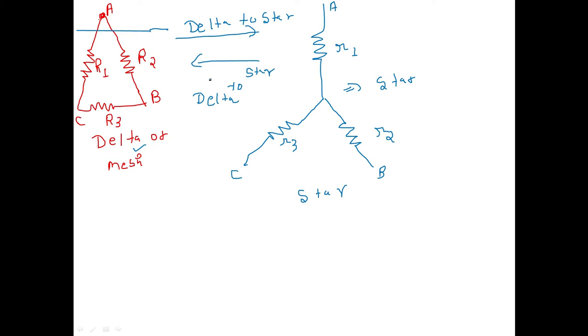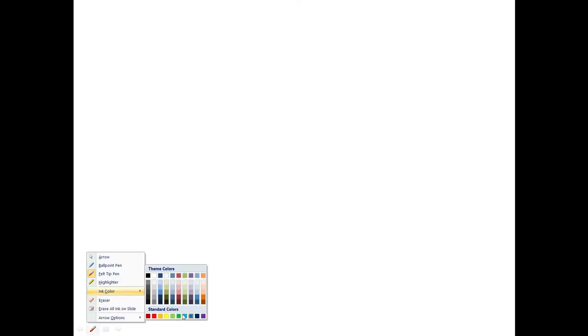So how to solve this sort of problem in network analysis, this is very important. Let us draw a circuit first. Here we'll draw a basic circuit containing star and delta combined.